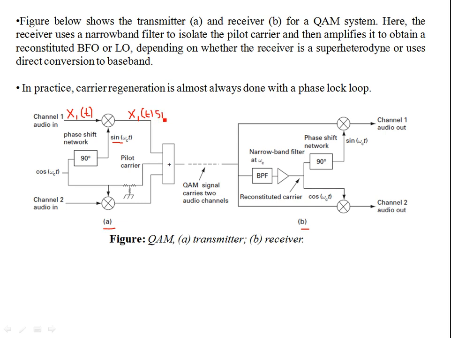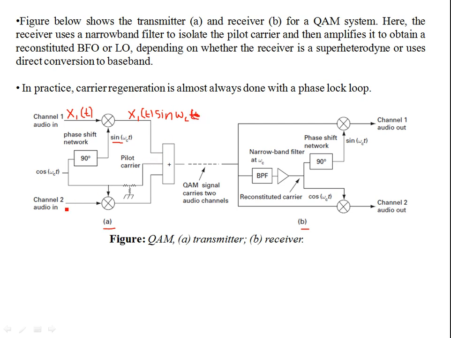This is my first double sideband suppressed carrier signal. Why suppressed carrier? Because we're not transmitting any carrier with this. Only the sidebands of the spectrum of x1(t) are shifted to plus and minus omega c.